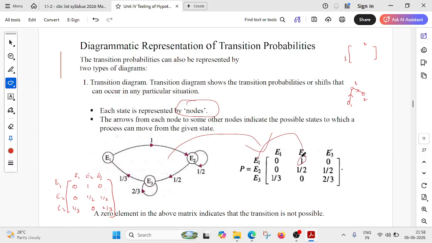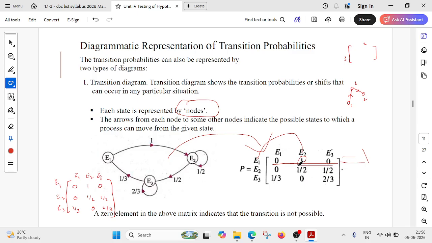So there only you are going to keep 1. E1 to E3 is not there, so 0. And E1 to E1 is not there, so 0. So we mention 0 only. Now we calculate so that each row gets 1, based on the graph. Now you see E2 to E1, E2 to E2, E2 to E3.